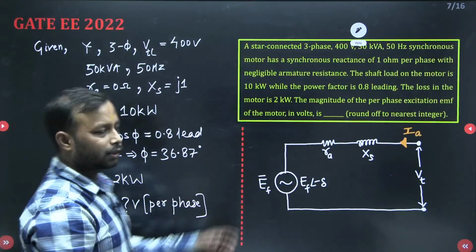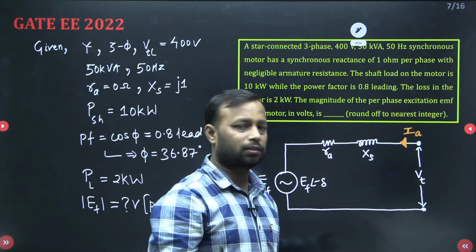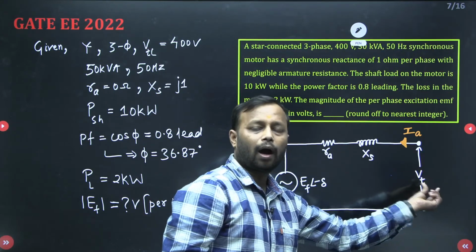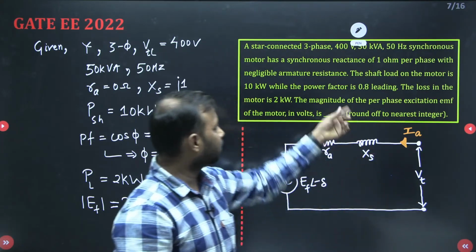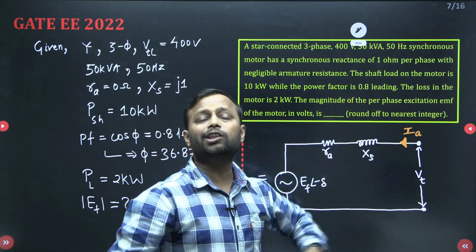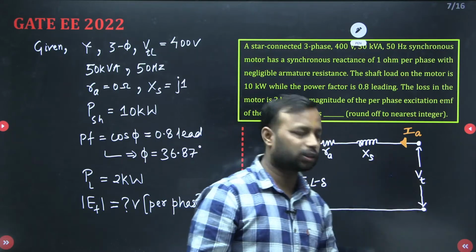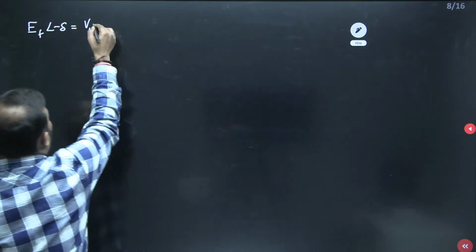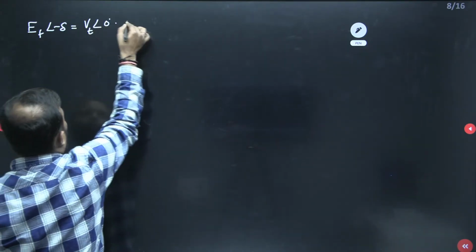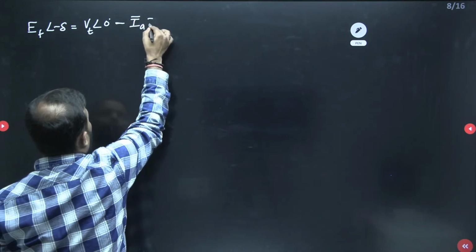In the synchronous machine, we take the reference to be the terminal voltage. Since it is given 0.8 is leading, with respect to which parameter is it leading? Always we choose the terminal voltage as the reference. So this will be VT at an angle 0 degree minus IA phasor and ZS phasor.